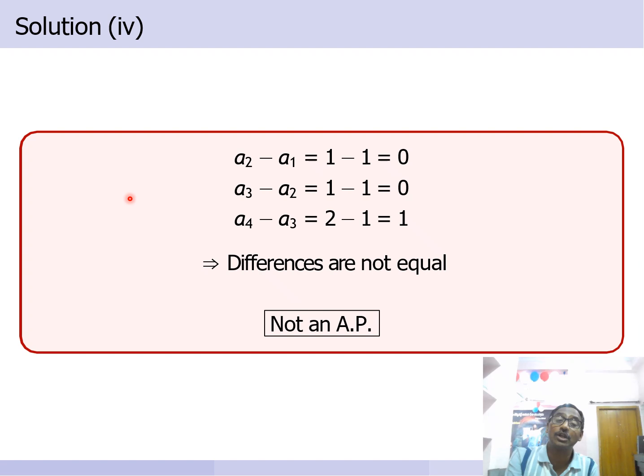These four terms a1, a2, a3, a4 are given in the sequence. If the differences are equal, then only it is an AP. If the differences are not equal, then it is not an arithmetic progression. So here 0, 0, 1, this is not constant, that's why this is not an arithmetic progression.